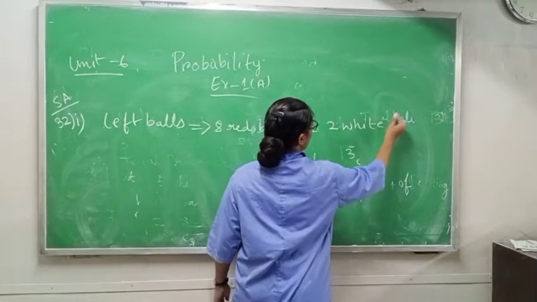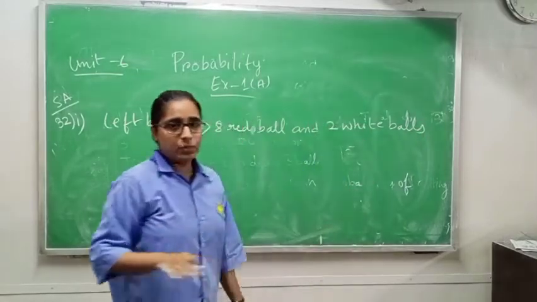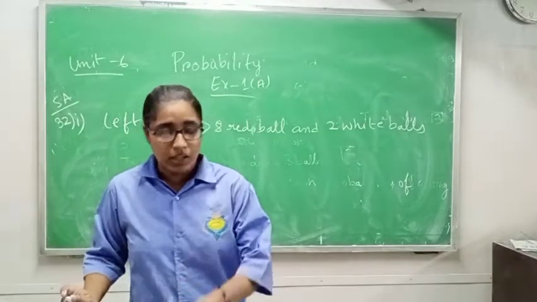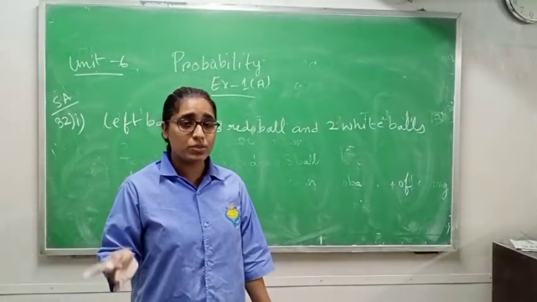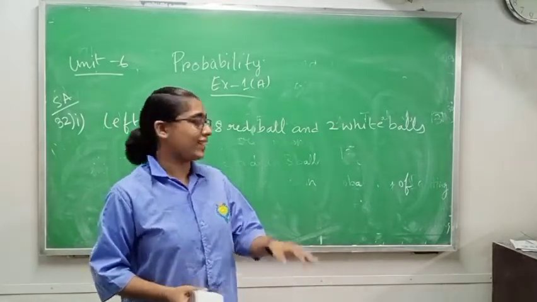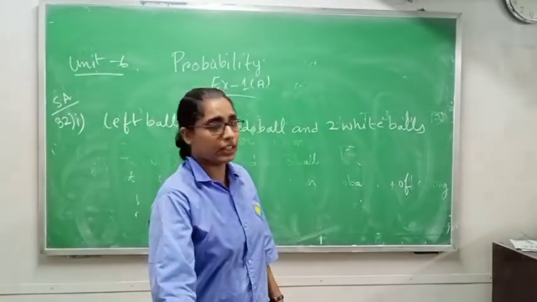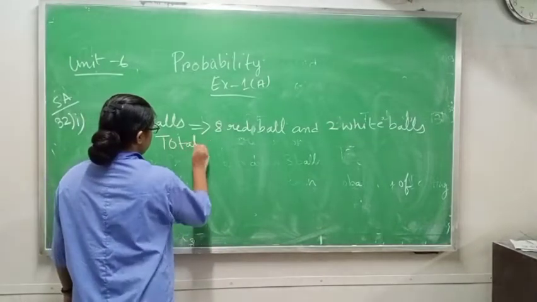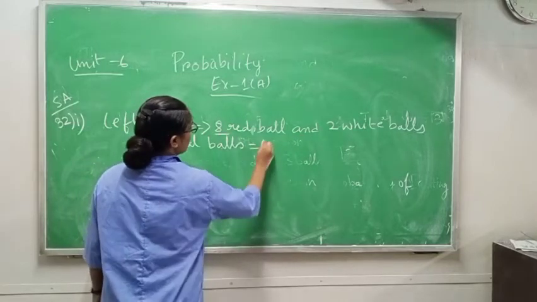You will ask why 2 white balls? Because in the first case we already took out 3 white balls, getting 5C3 by 13C3. There is no replacement, so we cannot add those 3 balls again to the bag. That is why I am taking only 2 white balls. So now we have total balls, 8 red and 2 white, means 10.